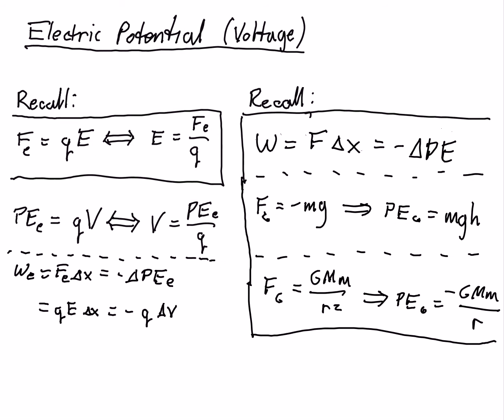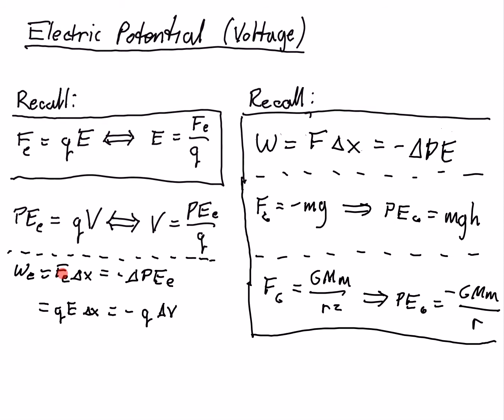Now, with electric potential energy, consider the case of a uniform electric field, analogous to the uniform gravitational field near the Earth's surface. The work done by the electric force is equal to the electric force times delta x, the definition of work, and that's equal to minus the change in potential energy, the definition of potential energy.